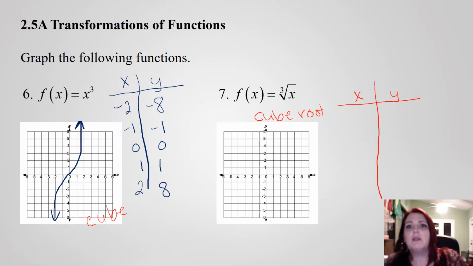And I'm going to pick perfect cubes: negative 8, negative 1, 0, 1, and 8. Because the cube root of negative 8 is negative 2. Cube root of negative 1 is negative 1. Cube root of 0 is 0. The cube root of 1 is 1. And the cube root of 8 is 2. So at 8, 2, it's going to come up like this.